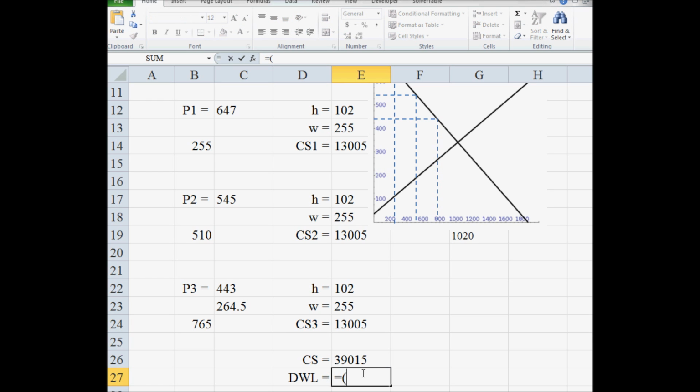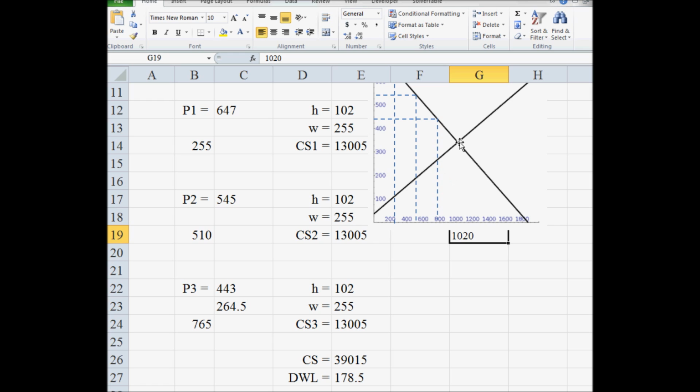So the height of the deadweight loss triangle is the difference between the last price, 443, minus the value on the supply curve that corresponds to this level of quantity, 765, which is 264.5. If you recall from the previous subpart of this problem, the intersection of the demand and supply was 1,020.